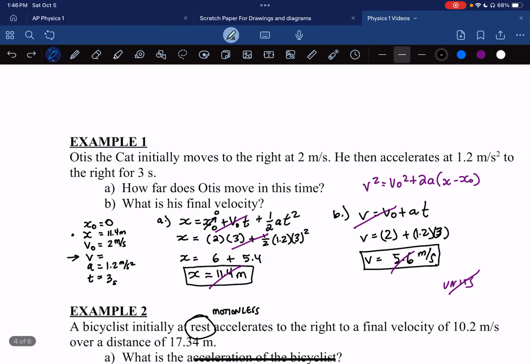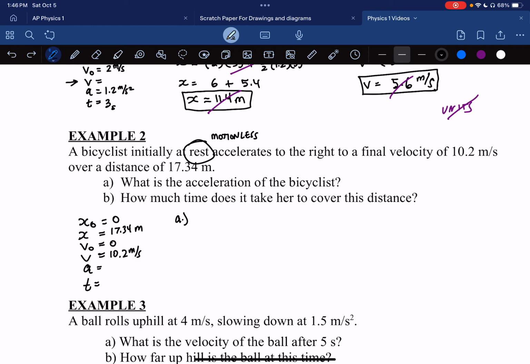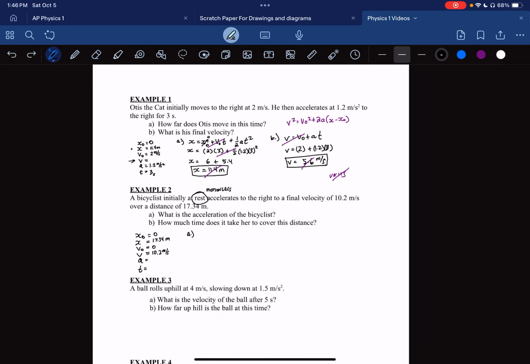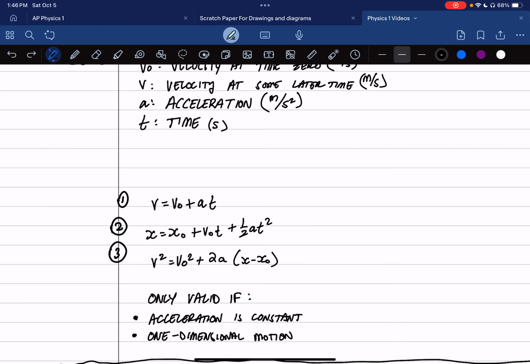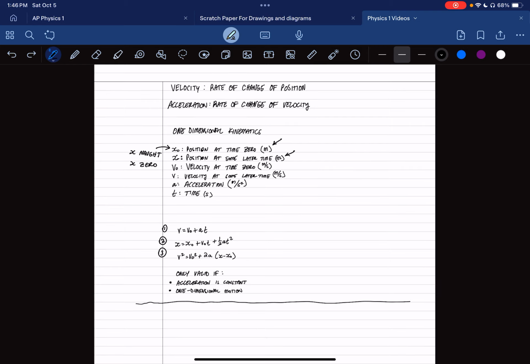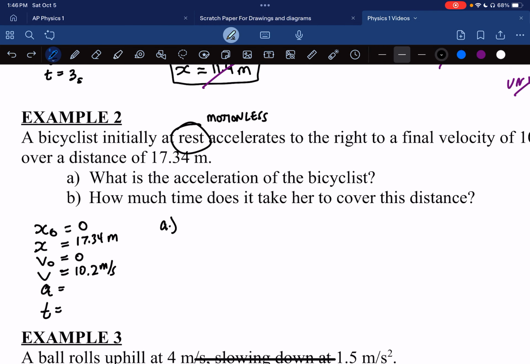So we just want to make sure that it's excluding the t. We don't want an equation with t, and the first two have t right here as well. So it's going to be equation 3. But we are solving for a.